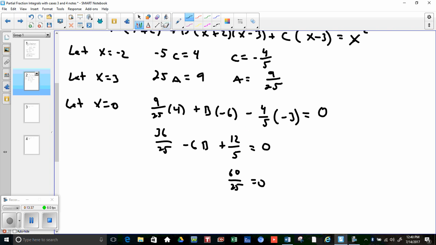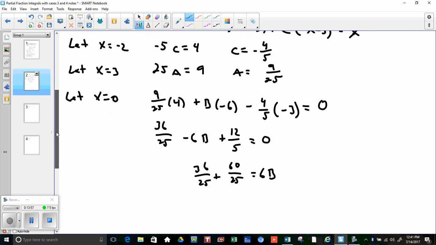Actually, let's do this. I'm going to do multiple steps at once here. I'm going to add this 6b to the right-hand side. And then this is going to be a 36/25. So what we should get is 96/25 equals 6b.